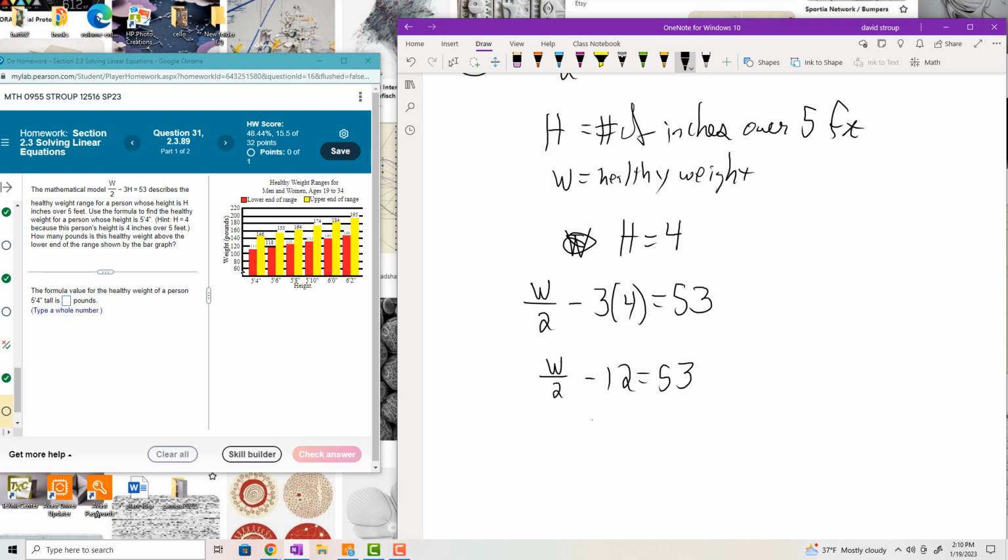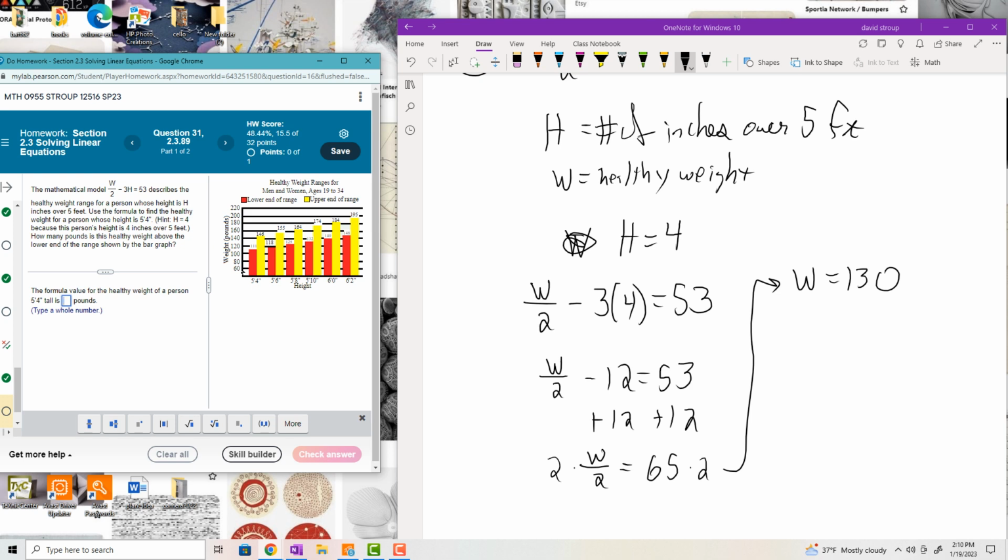This time I'm just going to move the 12 over rather than getting all carried away. So I have W over 2 equals 65. And then I'm just going to multiply both sides by 2. So W equals, I believe, 130. The weight is 130. It's a healthy weight.